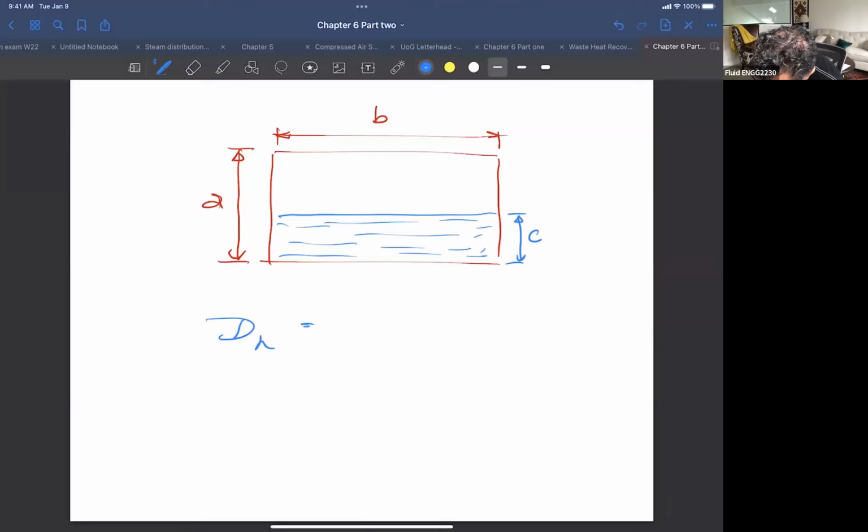D hydraulic is 4 times AB, divided by the weighted perimeter. Where is the weighted perimeter? Where is the wetted line between the pipe and the fluid? It is 2C plus B. That's correct, right? So basically, these are the weighted perimeter.